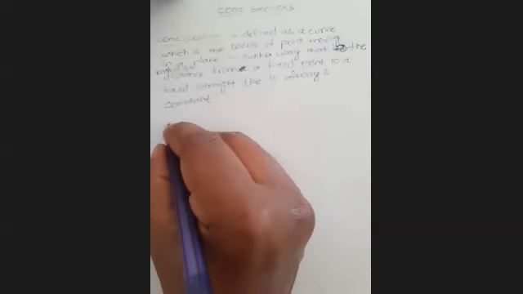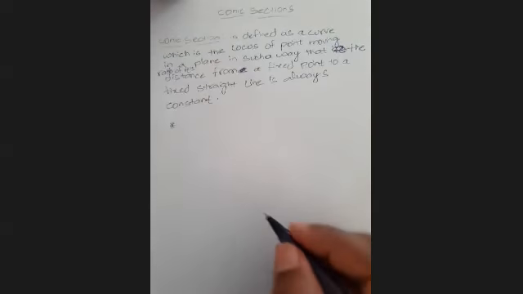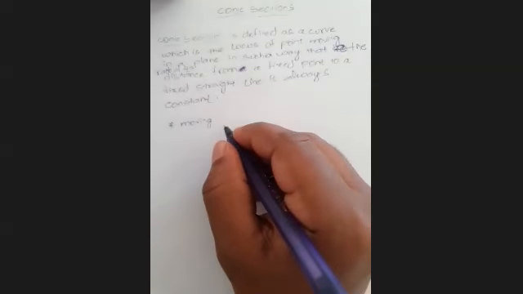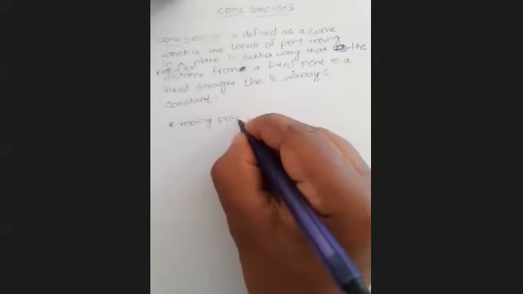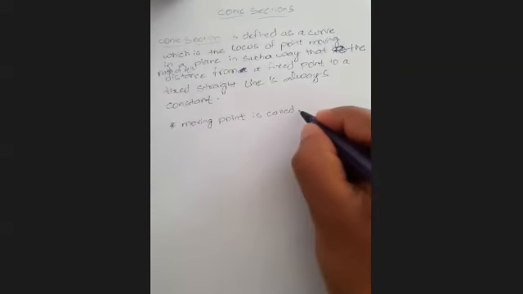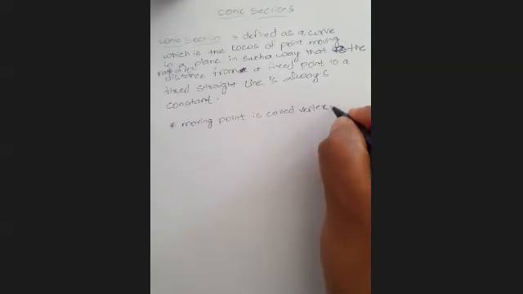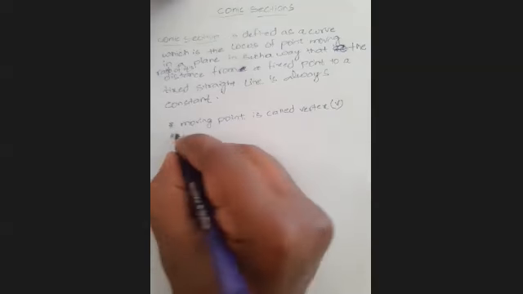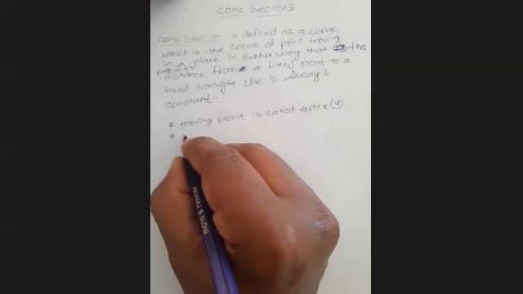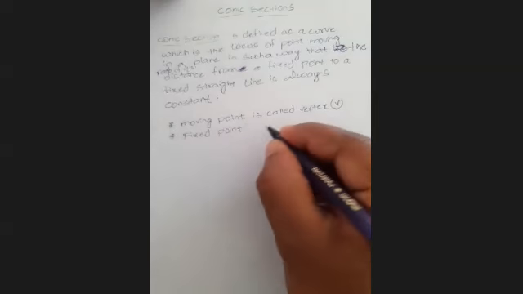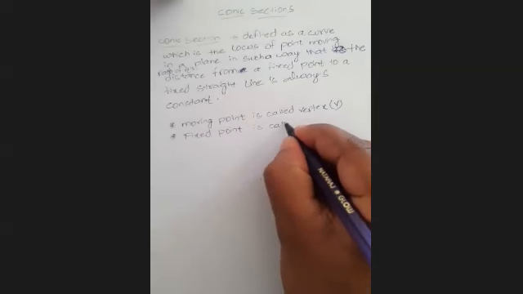Let us see what all these points are. The moving point, the point which moves and generates the curve, is called the vertex, and it is denoted by V. Next, the fixed point is called the focus.